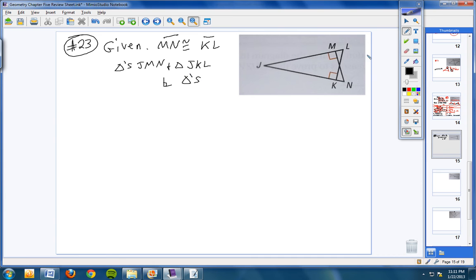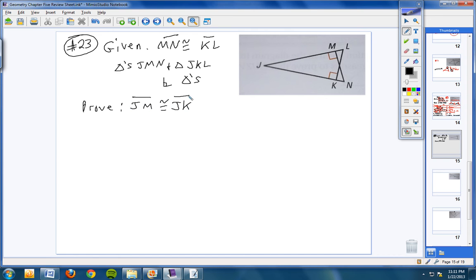That's given to us, those marks right there. And then what are we trying to prove? We are trying to prove JM is congruent to JK.